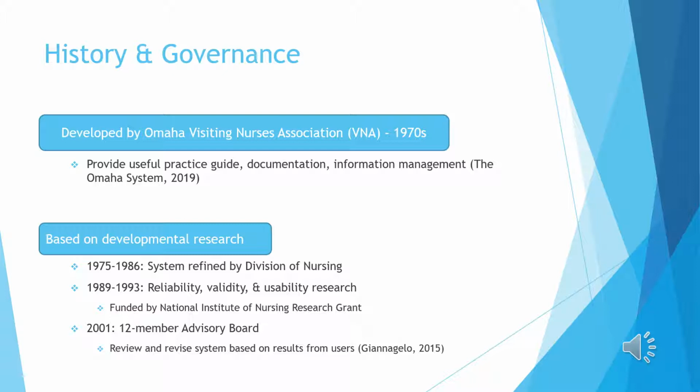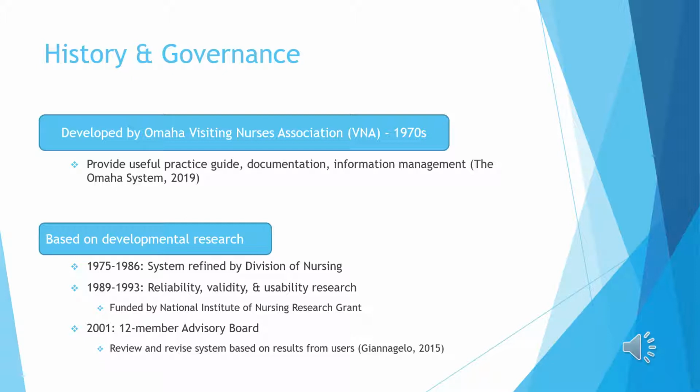The Omaha system was developed by practitioners of the Omaha Visiting Nurses Association, or VNA, in the 1970s. This organization insisted that this system be research-based and a comprehensive classification that would provide useful practice guides for practitioners, administrators, nurses, and other potential users.